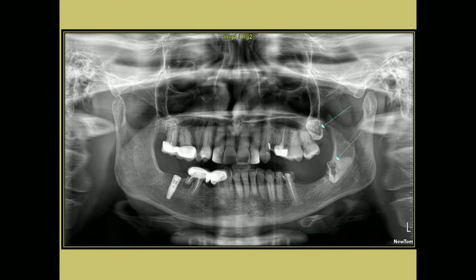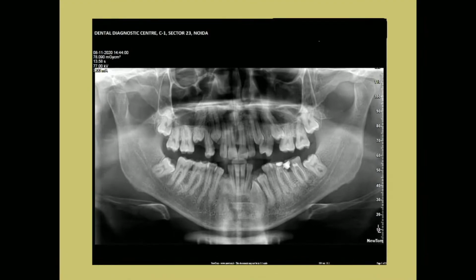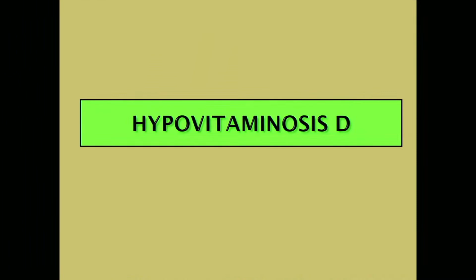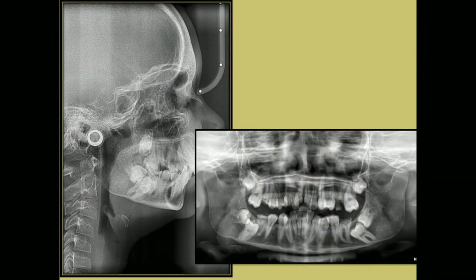You have this impacted tooth, which shows a resorption present within the tooth. Multiple impacted teeth. So there are many cases which require this. This was a case that had come to me as hypovitaminosis D, and the cortical boundary, if you see, is thinned out.